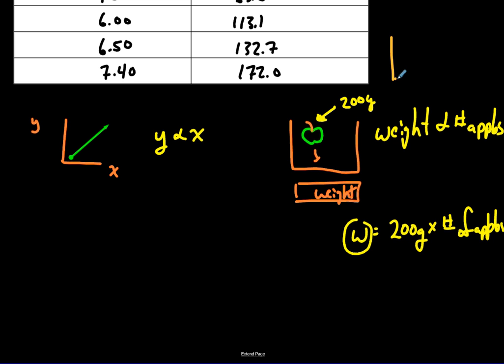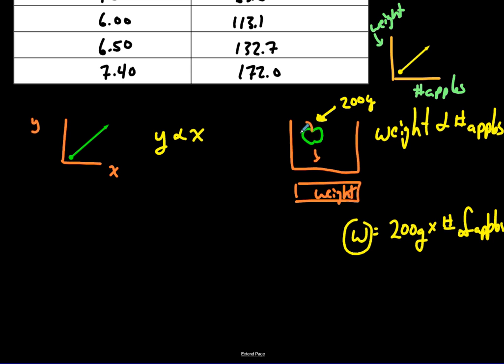If I graphed out the proportionality, I'd go like this. This axis here is number of apples, and this is weight over here. So my dependent variable is weight, and my independent variable is how many apples I put in, all right?